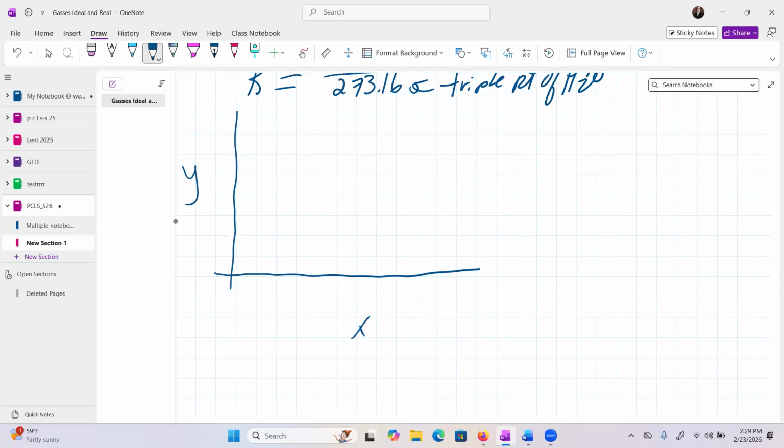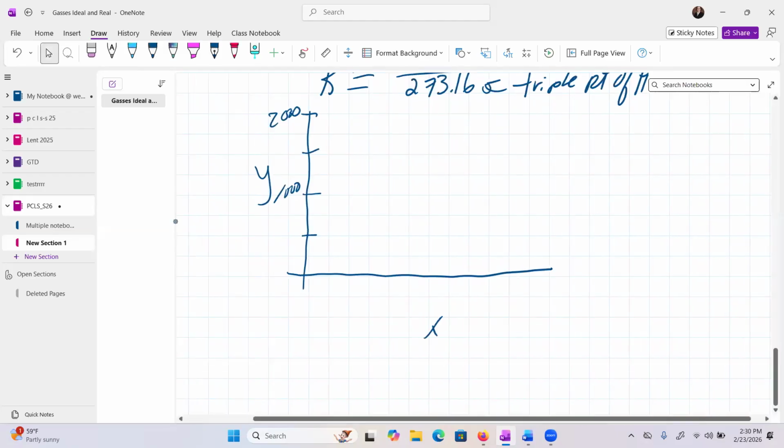It's going to mean something. There should be 4 marks. This is 2,000, this is 1,000. This is going to be V bar in units of liters per mole.